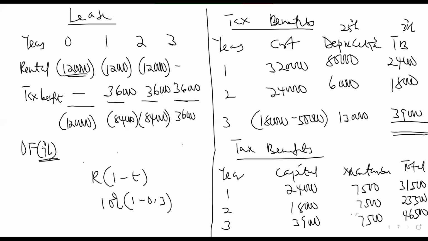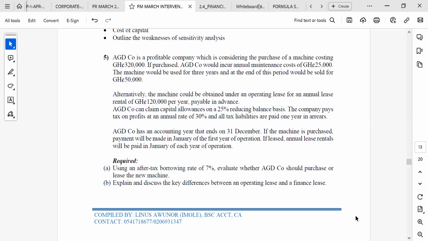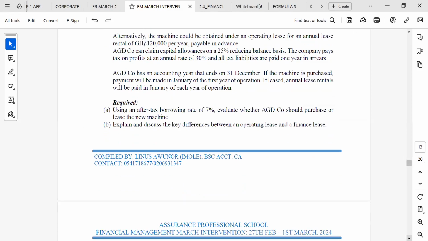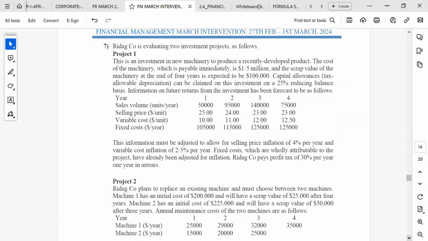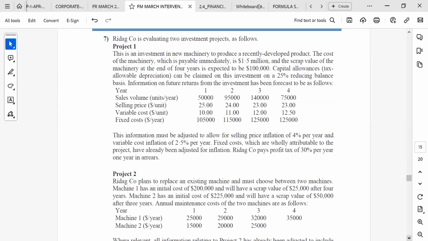Let's move on to explain and discuss the key differences between an operating lease and a finance lease. What are the differences? Finance lease and operating lease. What is the difference?